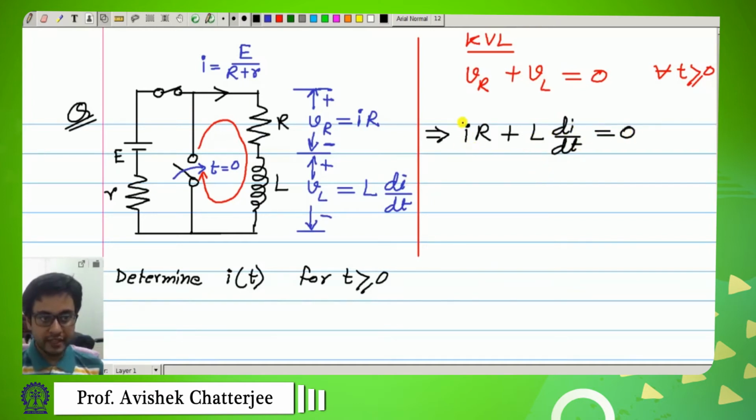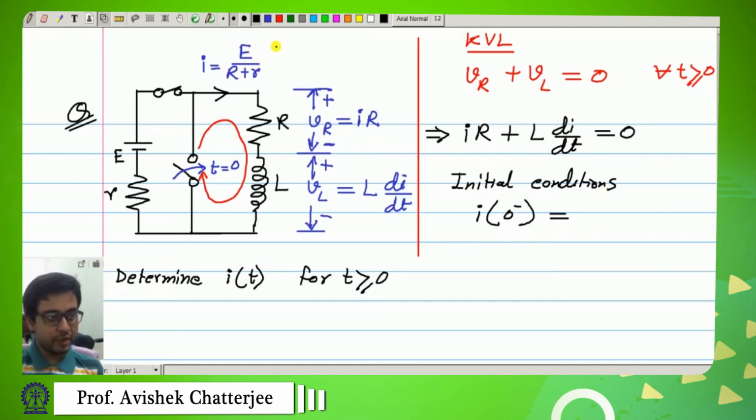So if you think of this I as the output of a system, then this is a differential equation with right side being 0, so we have no input. However, we have some initial conditions. The initial value of I at 0 minus is equal to this.